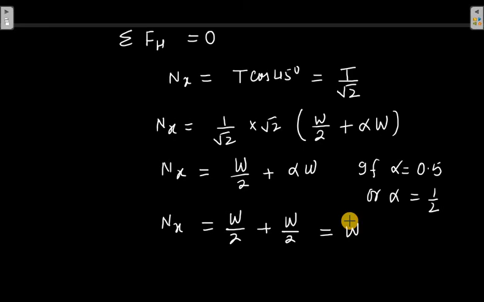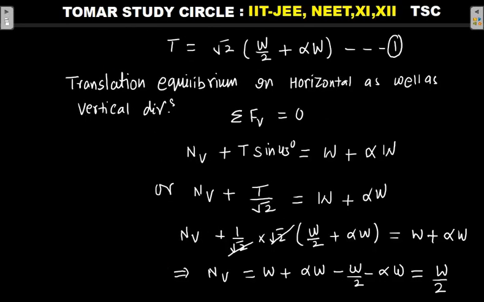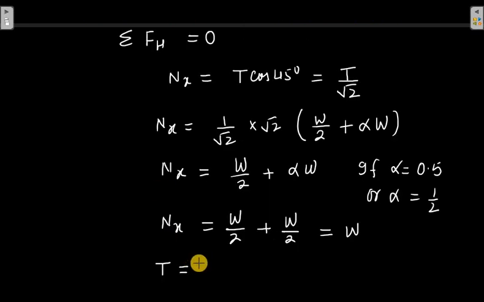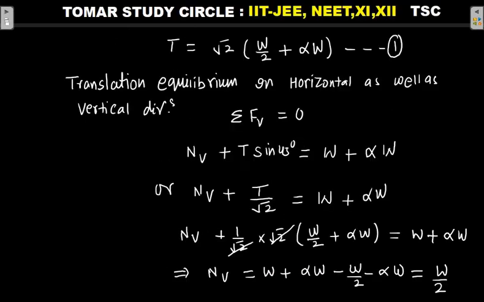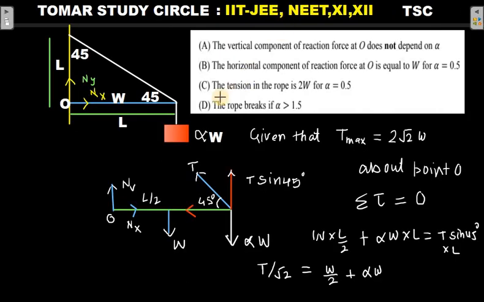Now, the tension is given here, T equal to root 2 times W by 2 plus alpha W. First, we have to calculate the tension in the rope for alpha equal to 0.5.